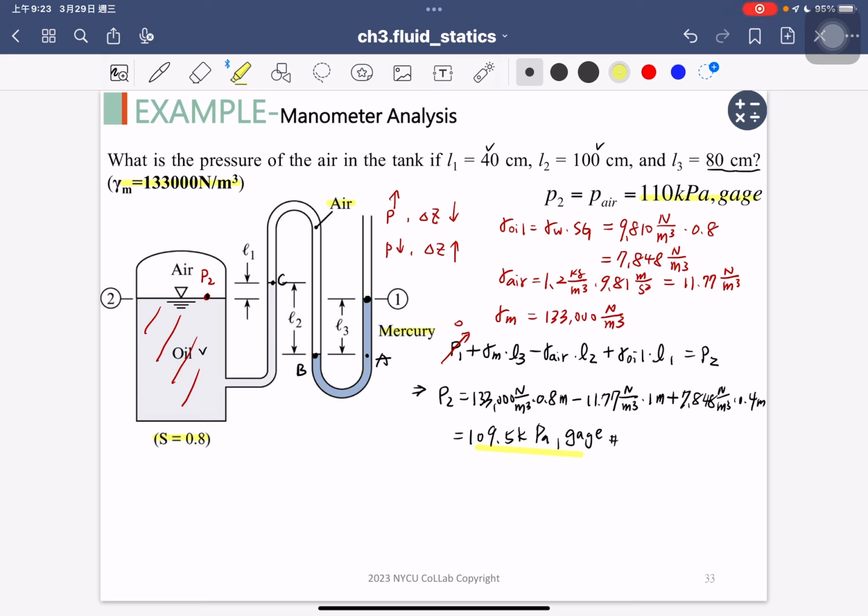Okay, so in the following, you just consider the main idea here. You don't need to do the hydrostatic equations step by step. Okay, so this is our final exercise for the manometer analysis.